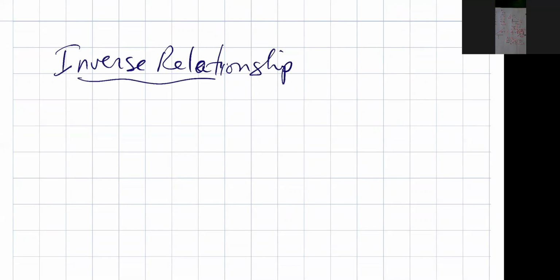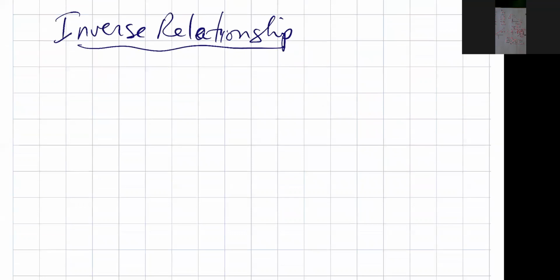Now, the other major type of relationship is an inverse or indirect proportion. So an inverse relationship. Sometimes this is called an indirect relationship. So what happens in an inverse relationship?